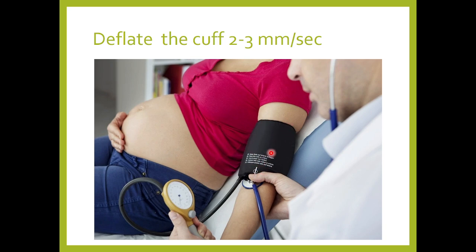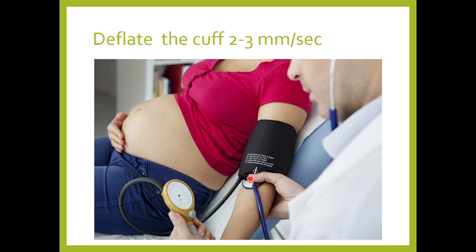Then we inflate the cuff and we put our hand on the radial artery. Once the radial pulse disappears, this means we have exceeded the systolic blood pressure. Then we start to deflate the cuff. The deflation should be slow, 2 to 3 millimeters per second.